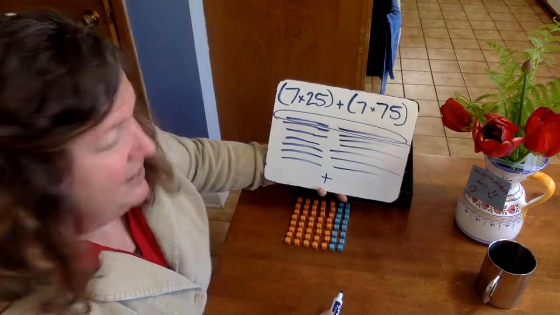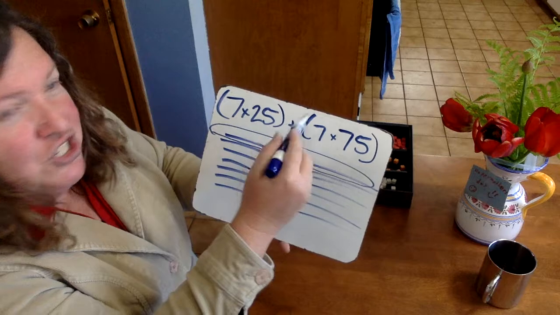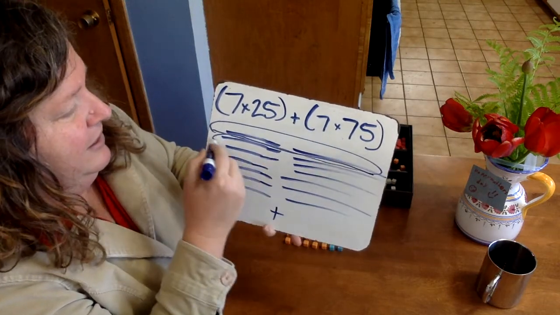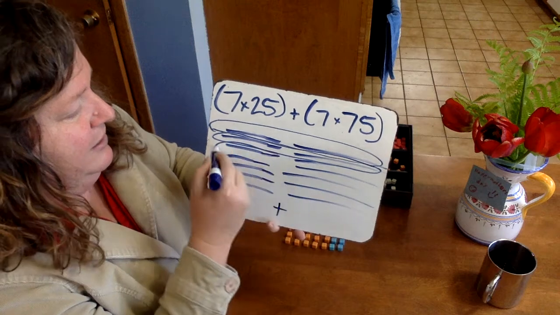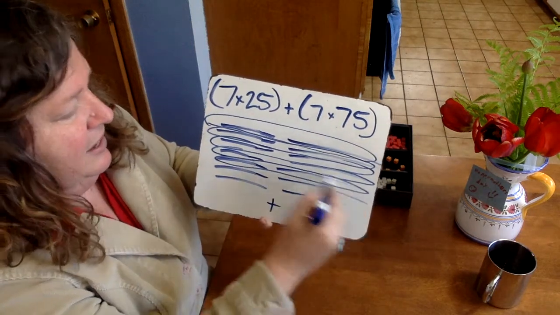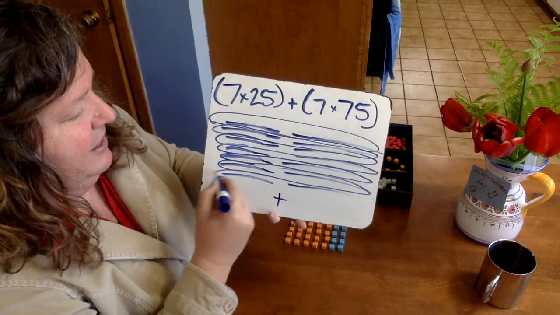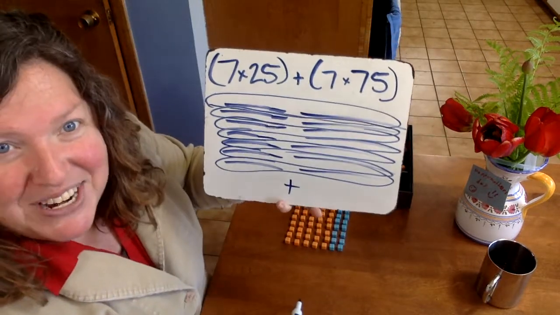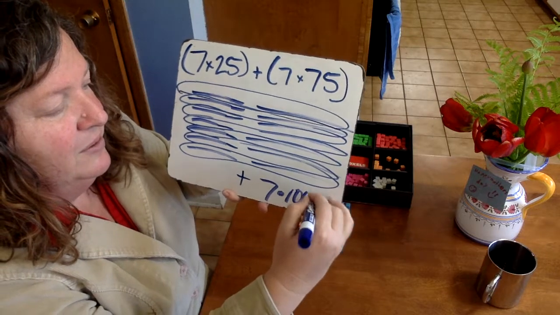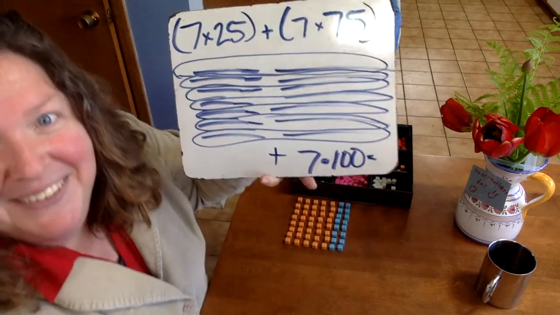It's 100. So let's change this problem into there's a group of 100. Another group of 100. Another group of 100. Another group of 100. Let's change this into 7 groups of 100.